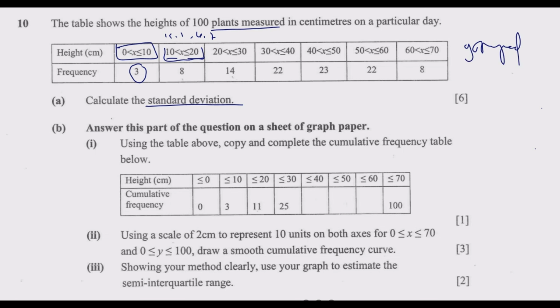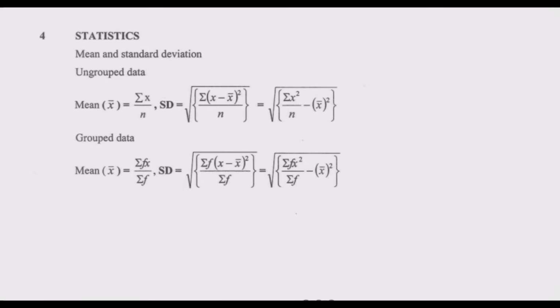When you go to the second page of this paper, you notice that we have these formulae for statistics. Let me just zoom in so that I'm able to explain a bit about this. This is for grouped data. Why grouped data? This is even given to you because we have frequencies. These frequencies are covering an interval, for example, 0 to 10.